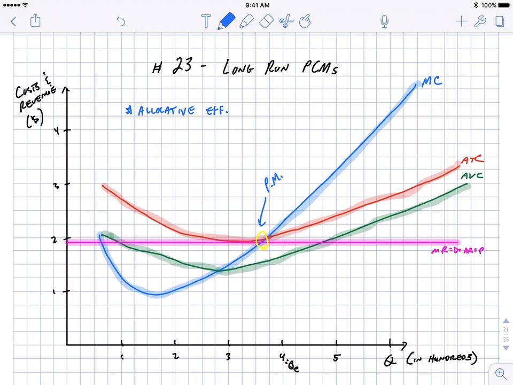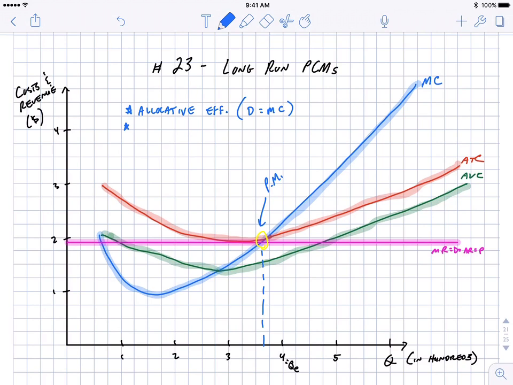In this case, the demand curve is our pink curve, and the supply curve is the same thing as our marginal cost. So allocative efficiency in this graph is going to be where the demand curve equals the marginal cost curve. So if we're operating at this profit maximizing level, roughly 3.6 if we're going to ballpark something, or 360 in hundreds, our firm is allocatively efficient.